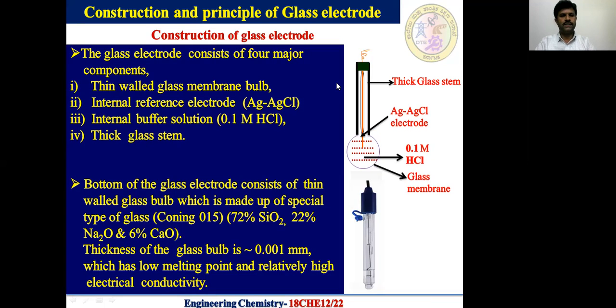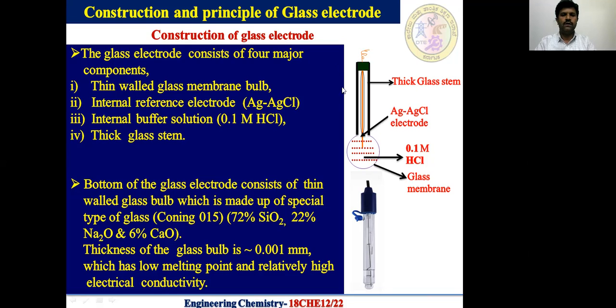So let's discuss the construction and principle of one of the ion selective electrodes, that is the glass electrode. Let's first discuss the construction of the glass electrode. The glass electrode consists of four major components.